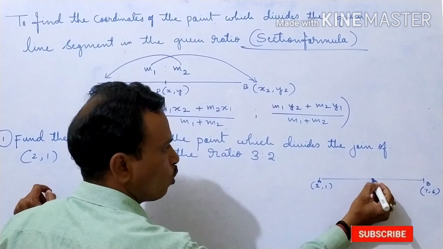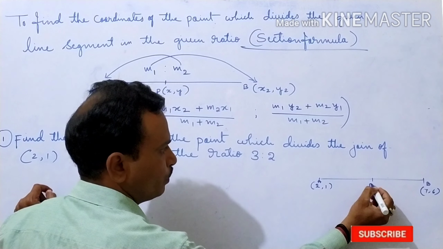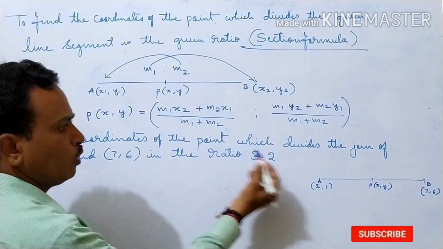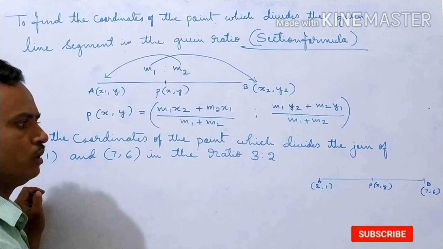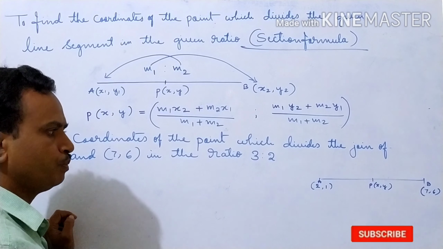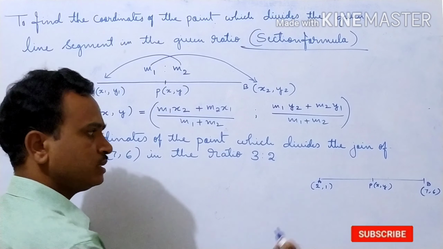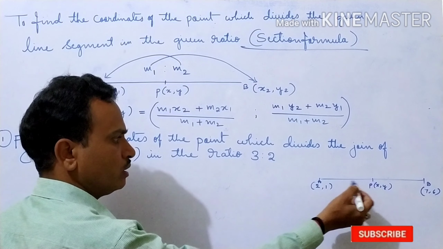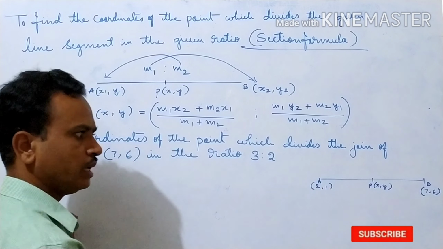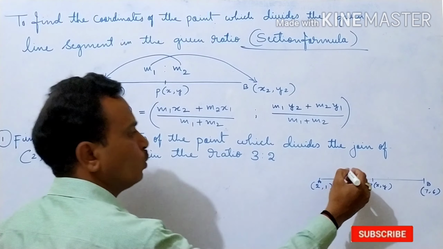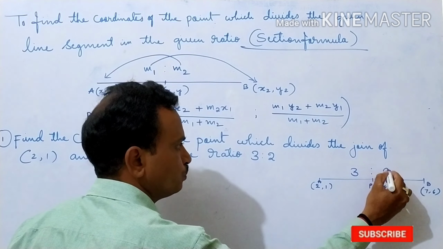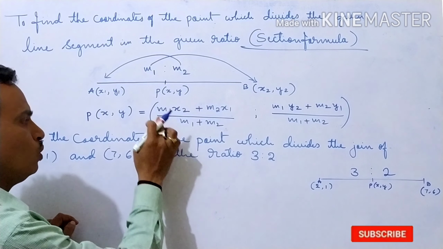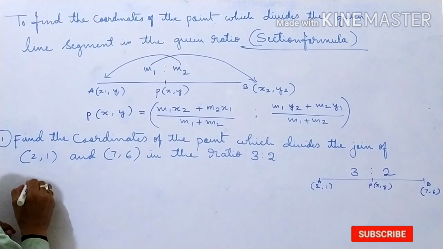Okay, to find the coordinates of the point P, XY. Coordinates of the point means any point, you can take point P or any letter. So P, XY. That means according to this question, point P divides the line segment AB in the ratio 3:2. Okay. So now what is the formula to find the X coordinate?